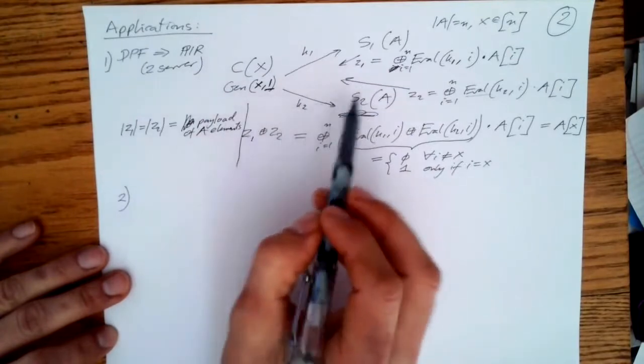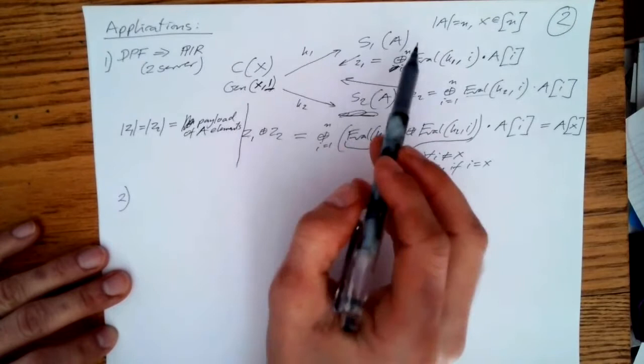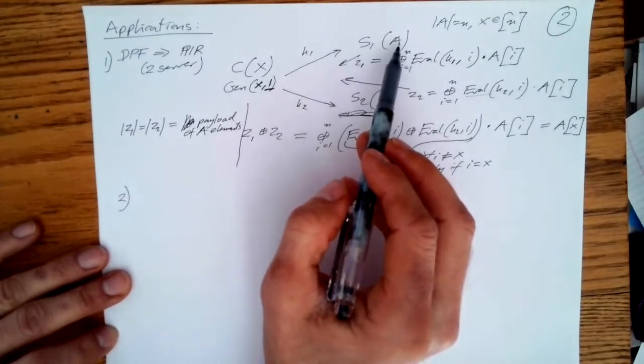On the way back, the value that is returned is as big as an entry in the array that is being retrieved.